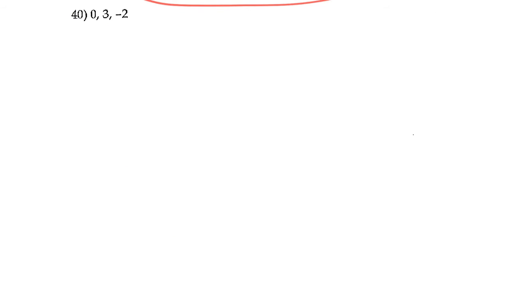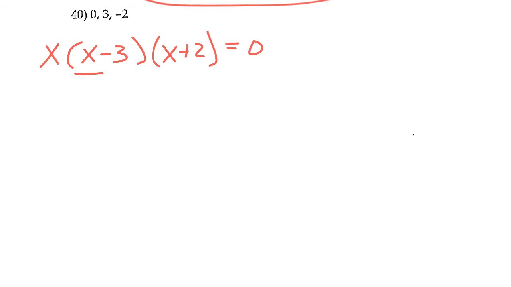Okay, so if one of my potential zeros is, let's say, 3, the factor was x minus 3. If one of my zeros was at minus 2, the factor was x plus 2. If one of my zeros is 0, then I have to have a factor out in front of all that that's just x. And now the best way to probably put this all together is to FOIL the two binomials first.